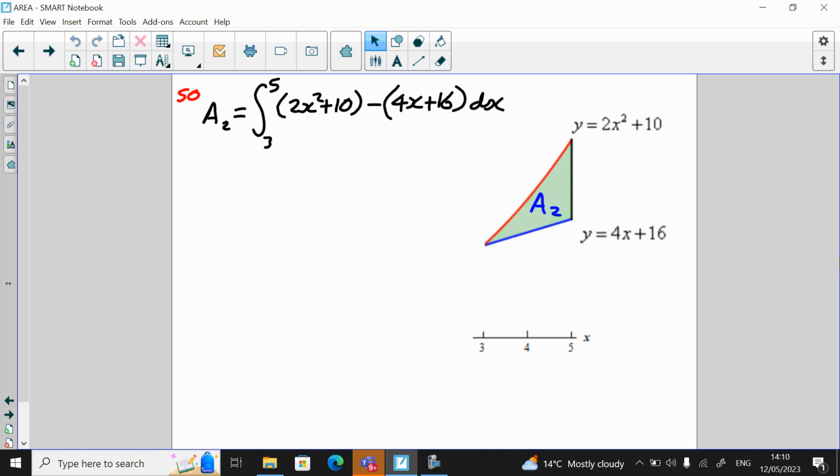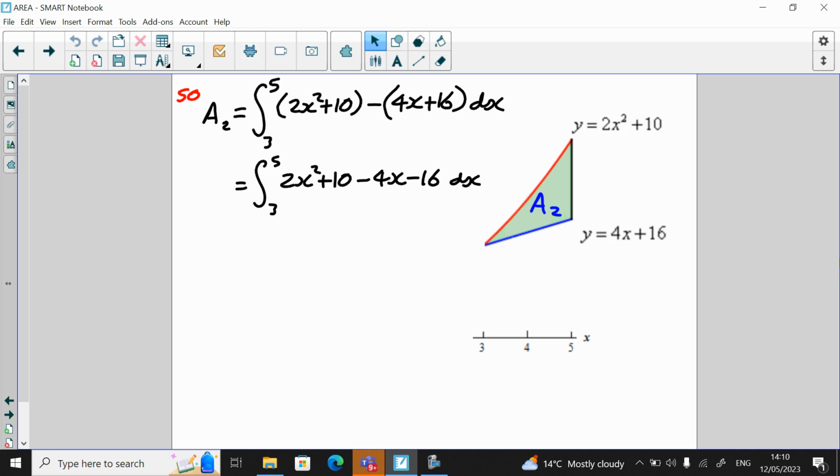The left hand one, the 2x squared plus 10, when I get rid of the bracket, it'll stay the same. But when I get rid of the right hand one, you're technically multiplying everything by -1. So we'll end up with a -4x and a -16 there.